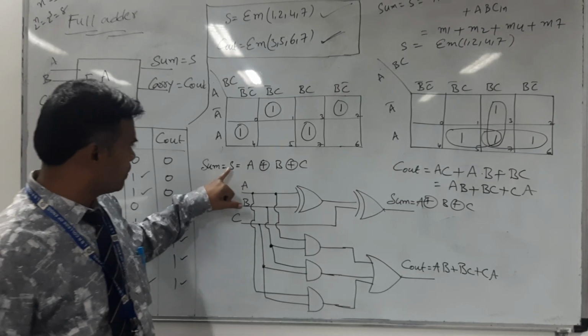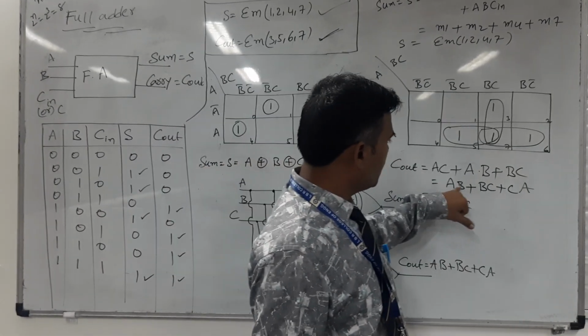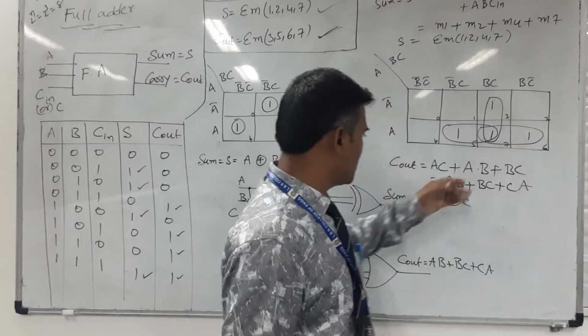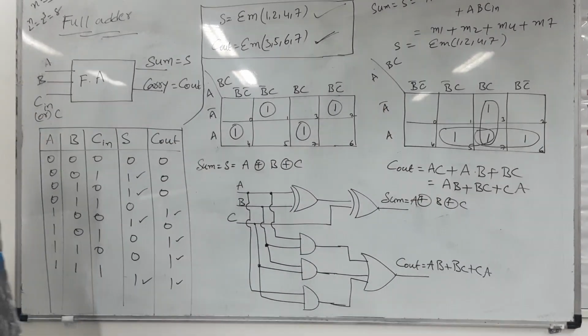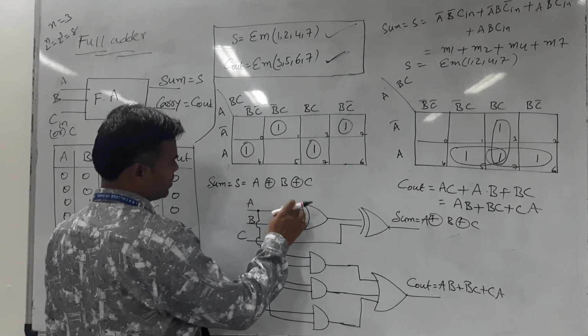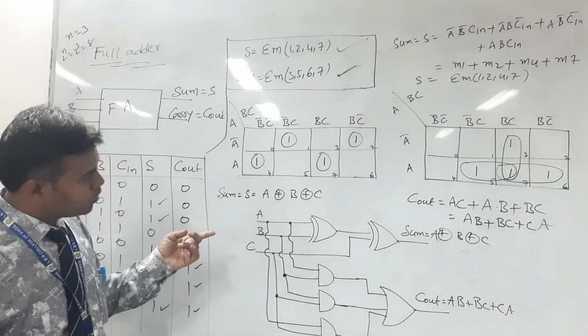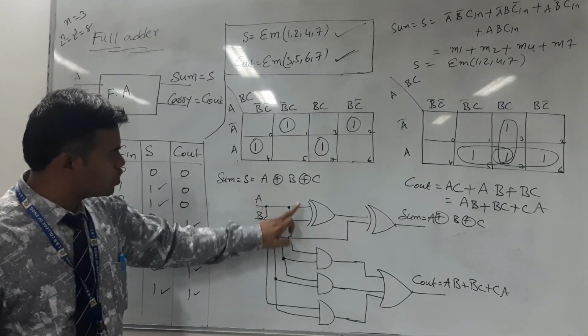Sum is S equal to A XOR B XOR C, and Cout equal to AB plus BC plus CA. Now you realize these Boolean functions using logic gates. To realize this Boolean function, I consider 2 XOR gates, and each XOR gate has 2 inputs.